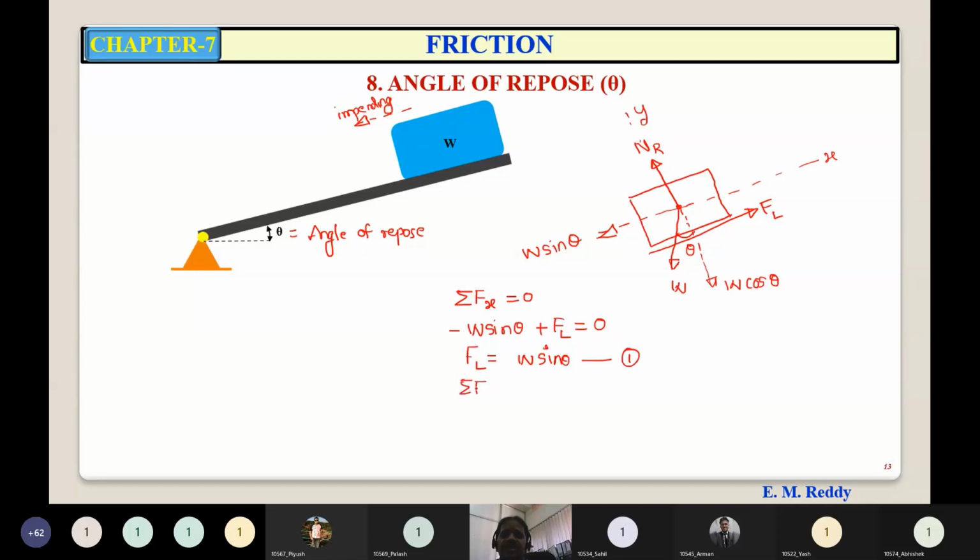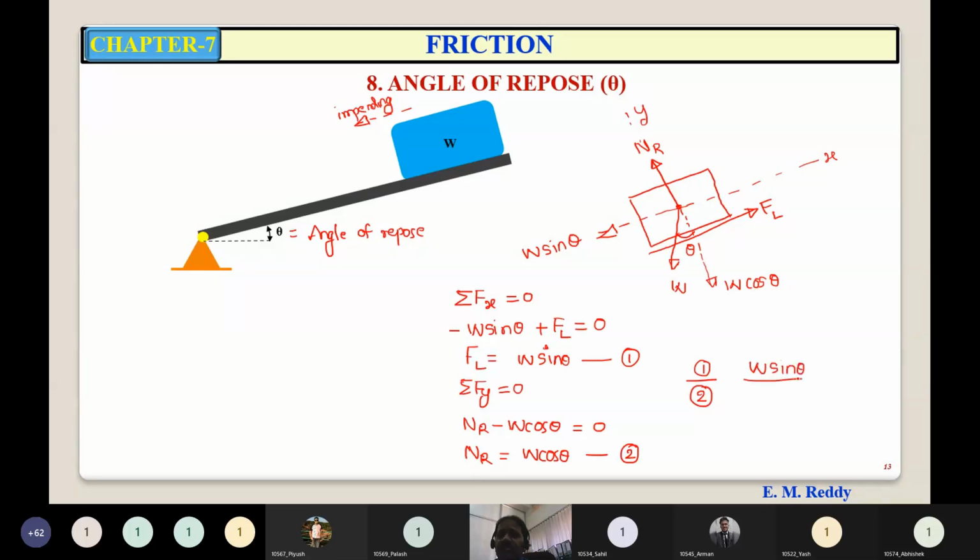Now writing summation Fy is equal to 0, plus NR, that is normal reaction acting upwards, minus W cos theta is equal to 0. So normal reaction NR is equal to W cos theta. Say equation 2. Now equation 1 divided by equation 2.